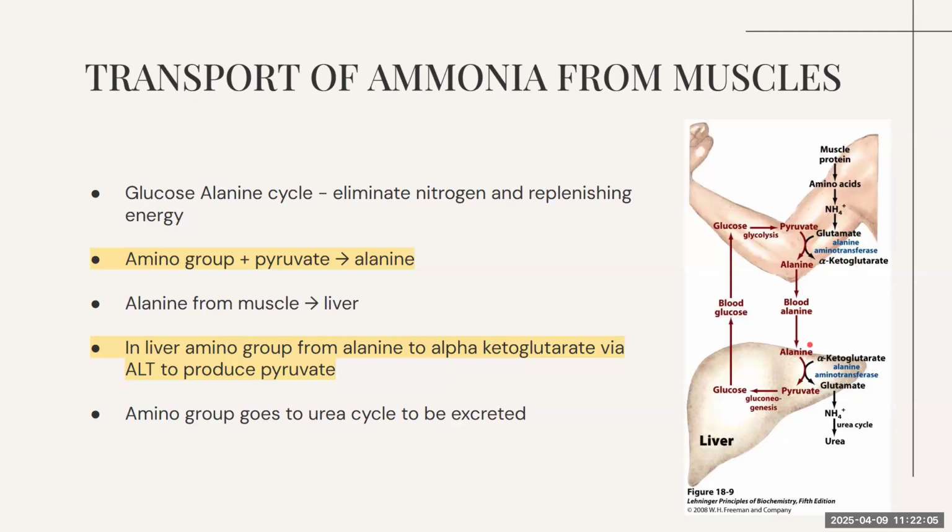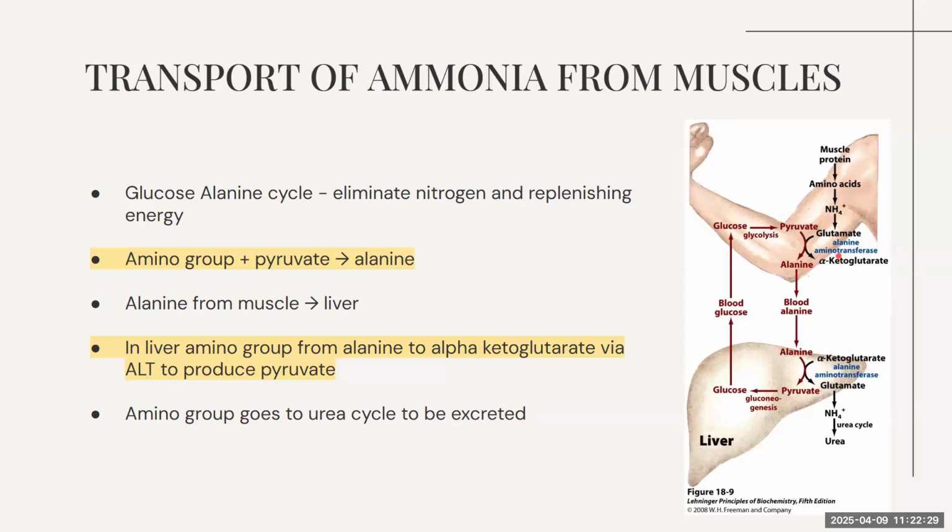Okay, it needs to be contained. So to transfer the ammonia from the muscle to the liver, we use an amino acid called alanine. Glutamate with the help of pyruvate, they come together, giving you alanine and alpha ketoglutarate.